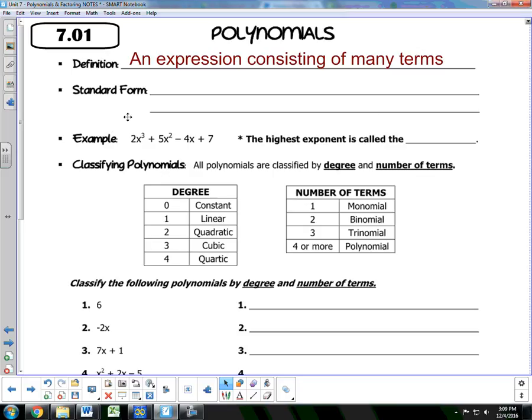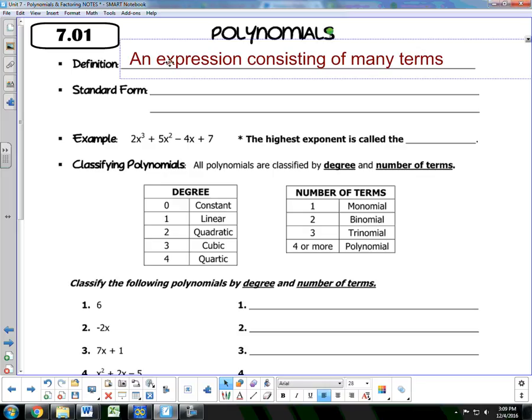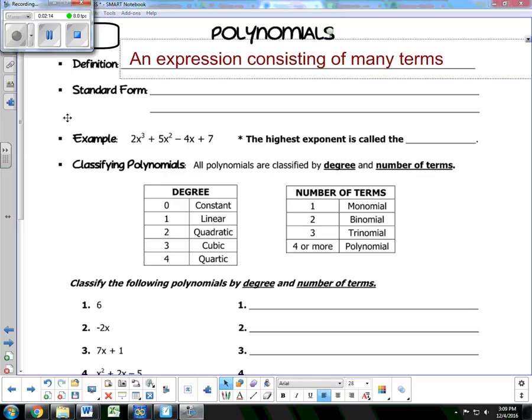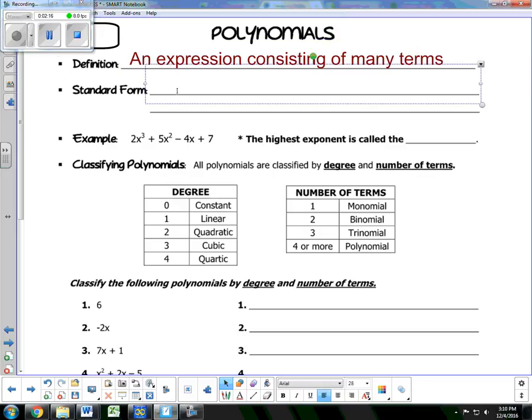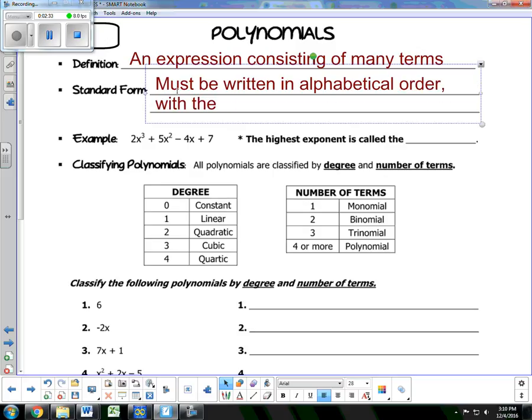Okay, standard form. Standard form is a way that we write polynomials, and it must be written in alphabetical order with the highest exponents first.